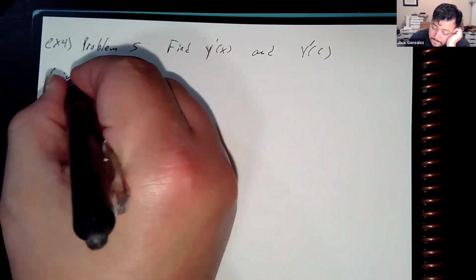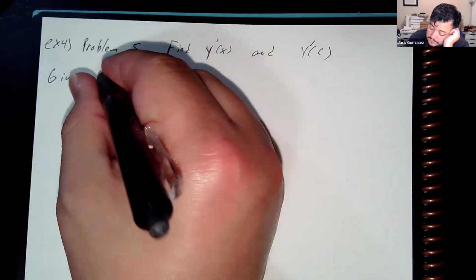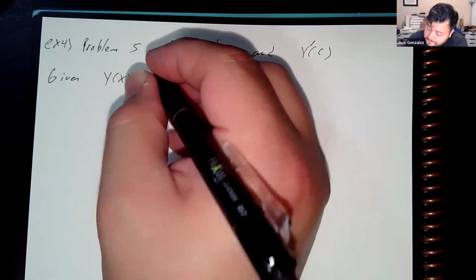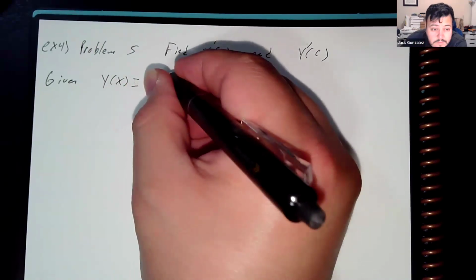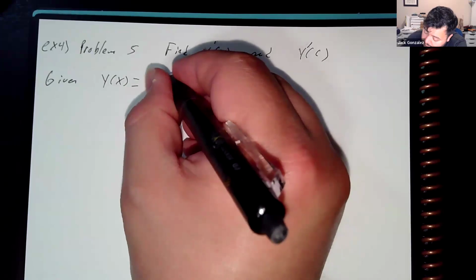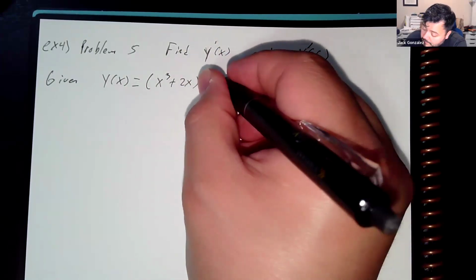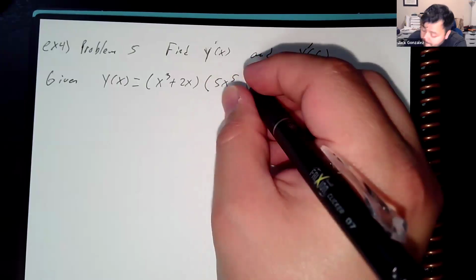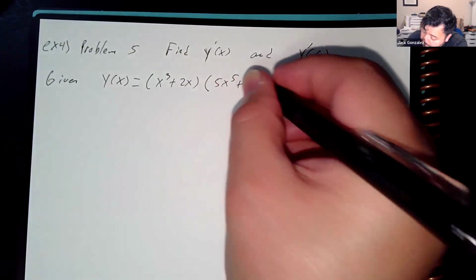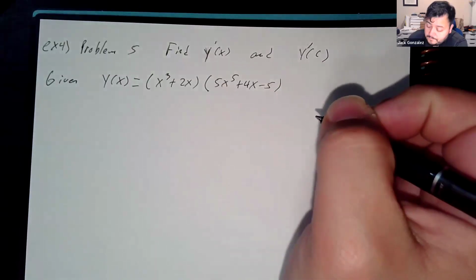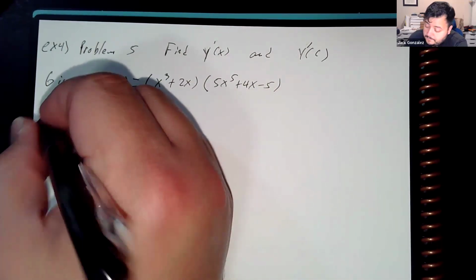So given y of x equal to x cubed plus 2x times 5x to the fifth plus 4x minus 5. All right.